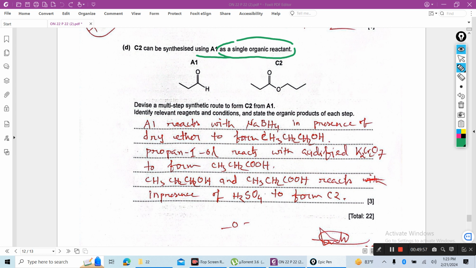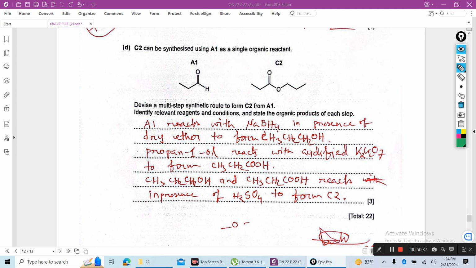You can use only one organic reactant, so you can only use A1. A1 is the aldehyde, propanal. So devise a multi-step synthetic route to form C2 from A1, using only one organic reactant. Identify the relevant reagents, the required conditions, and state the organic product of each step.